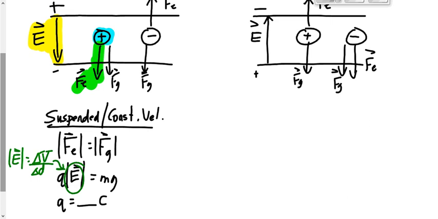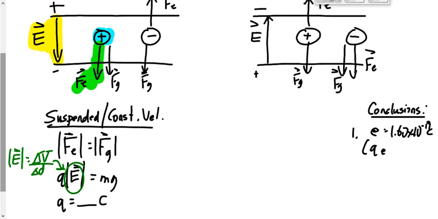And that charge, as you know, is either going to be 1.60 times 10 to the minus 19 coulombs. That's the elementary charge, which also corresponds, by the way, to the charge of the electron.